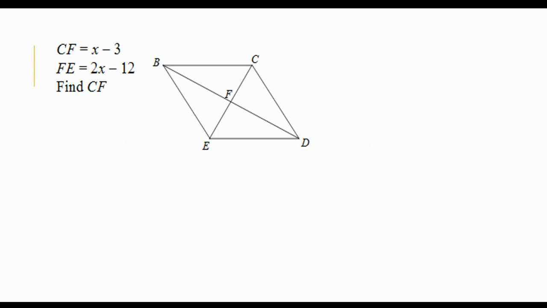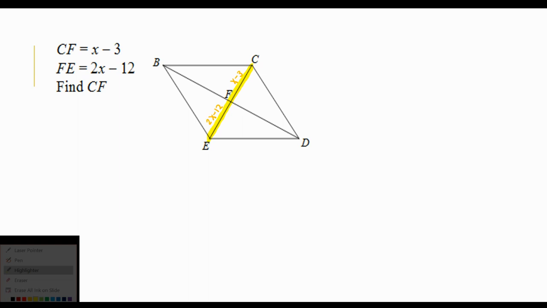All right, if you take a look at this figure, I'm going to mark it up. We're told that CF is x minus 3. I'm told that FE is 2x minus 12, and they want us to find CF. Well, notice that the two different pieces that they gave us are pieces that are within this diagonal of CE.